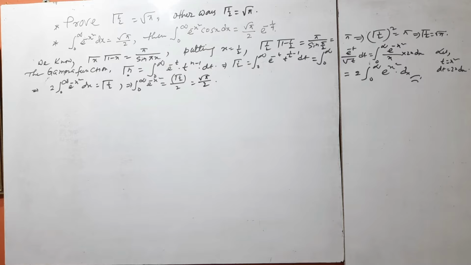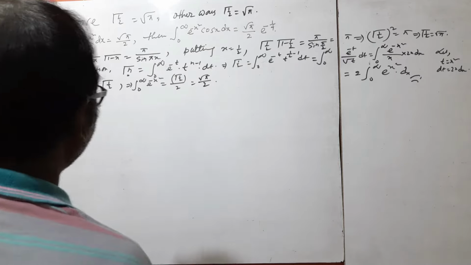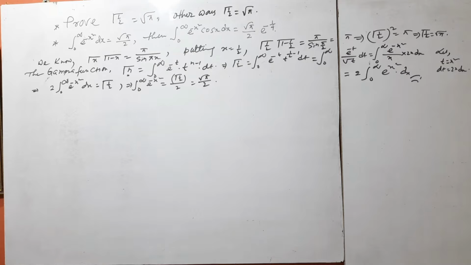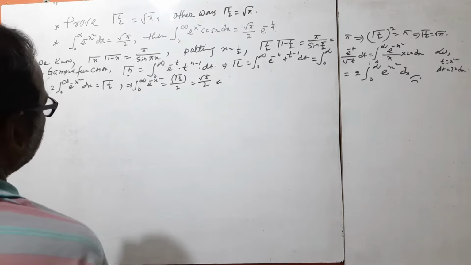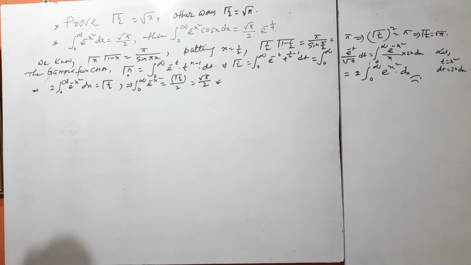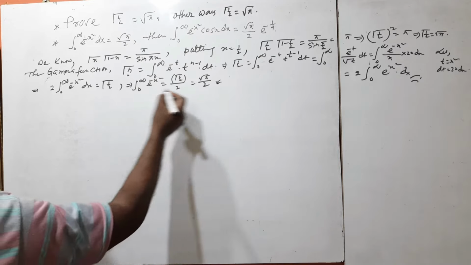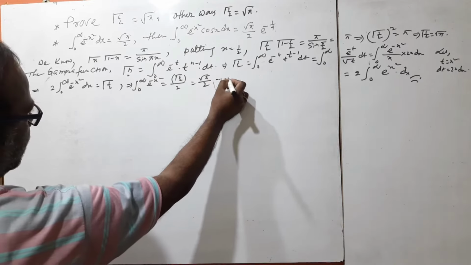Okay, so from this relation, this is another formation. Now I am showing this value to prove this. So this is number 1.